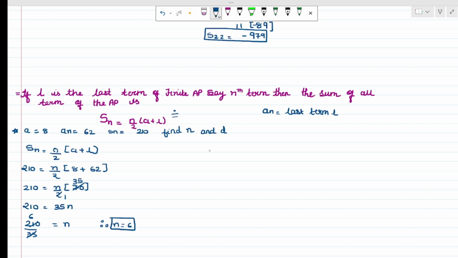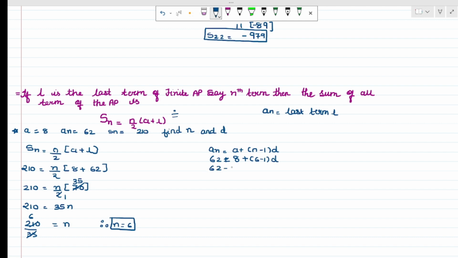How will you find out your d? You can go for An is equal to a plus (n minus 1) d. Yes, you can, where An is equal to 62, a is 8, n is 6 minus 1, and d you don't know.